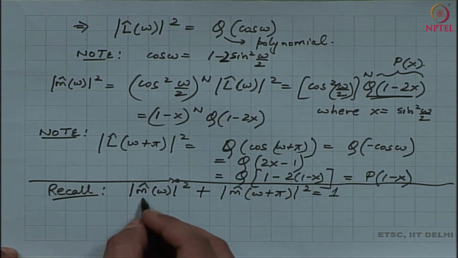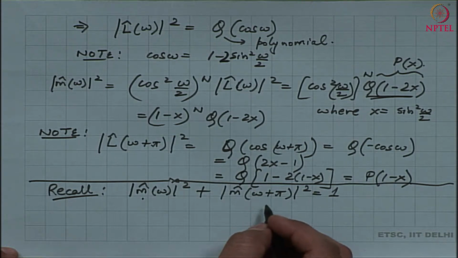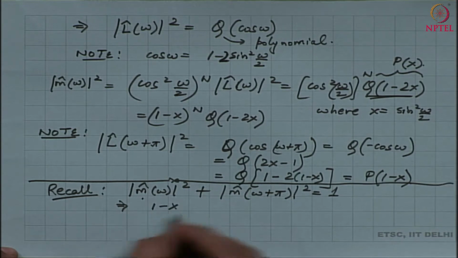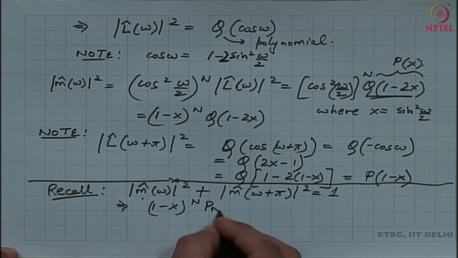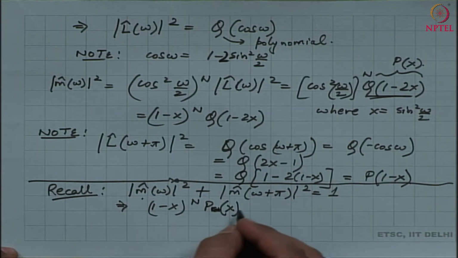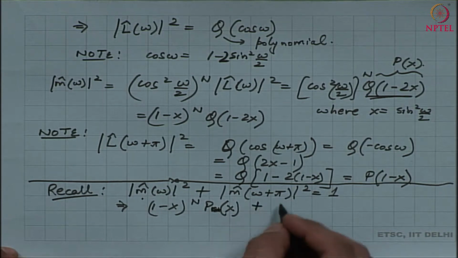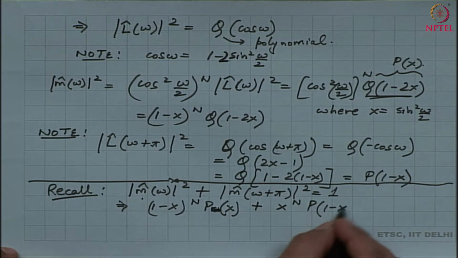If I plug in what is m hat omega and m hat omega plus pi, using the functional form, this is equal to 1 minus x to the power n times p of x, and m hat omega plus pi is going to be x to the power n times p of 1 minus x.